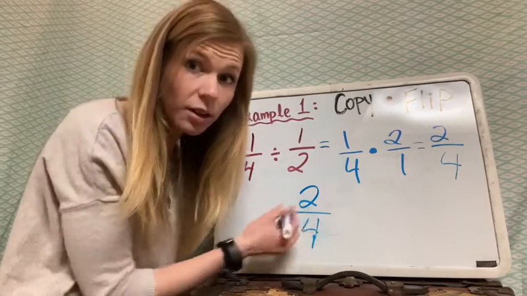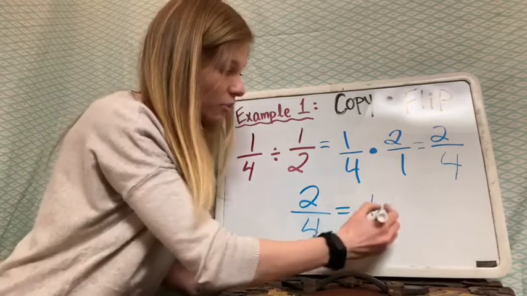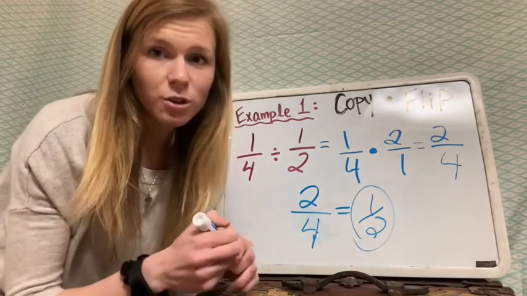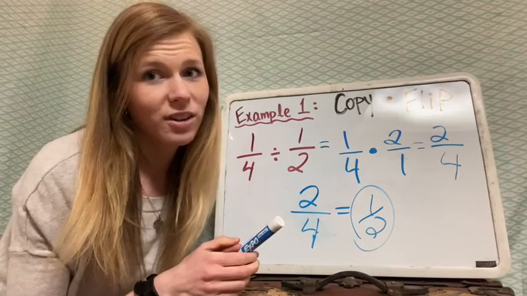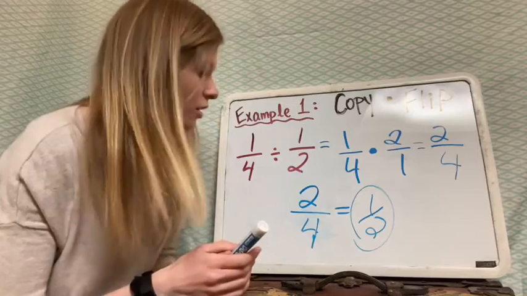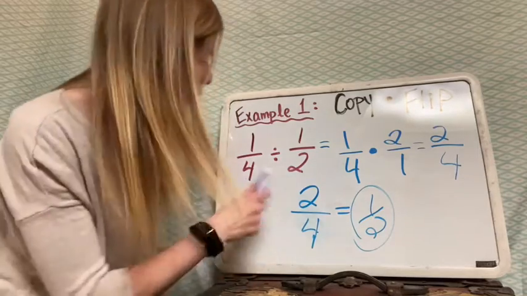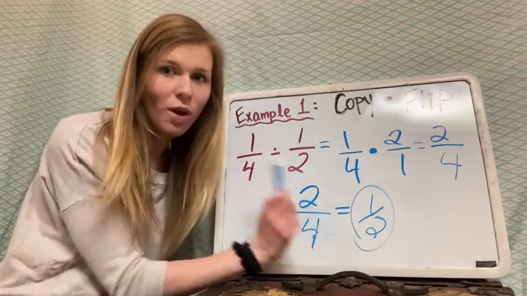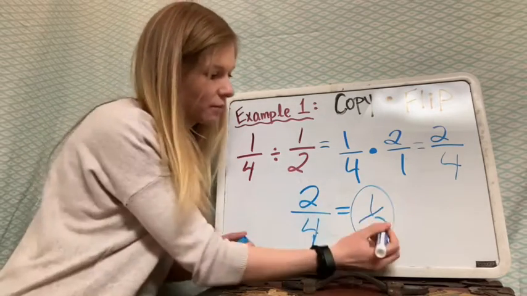This can be simplified down to 1/2. So really, your answer should be that 1/4 divided by 1/2 is 1/2. Okay?